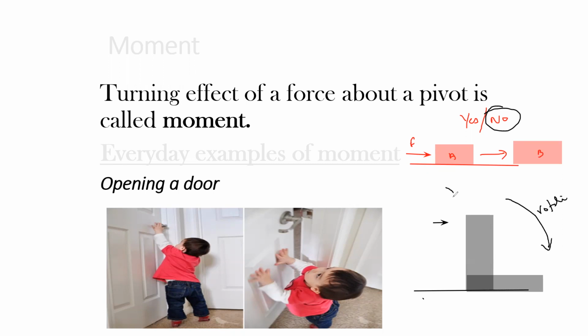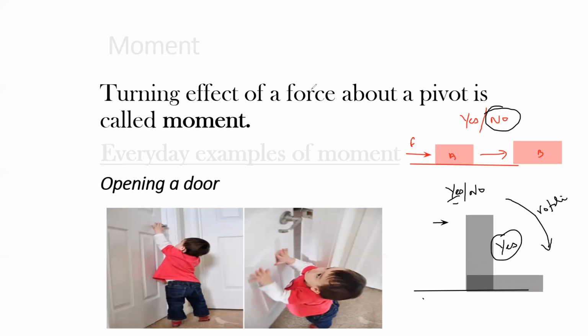Is this a turning effect of the force? Yes or no? So this is the turning effect of the force. Yes. Why? Because the object turns or flips or rotates by the help of the force.